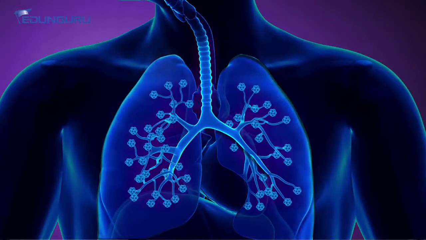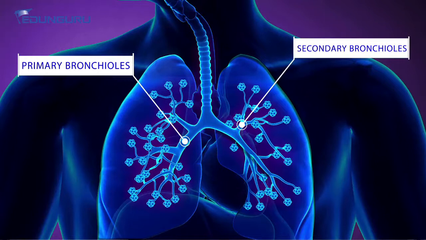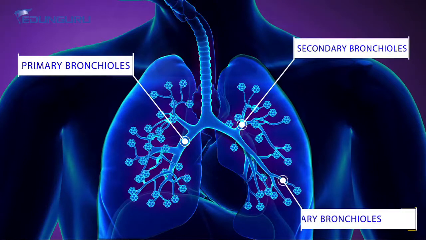Bronchi further divide into bronchioles, many branches. The ones which emerge from the bronchi are called primary bronchioles. Primary bronchioles further divide to give rise to secondary bronchioles. Secondary bronchioles further divide to form tertiary bronchioles. What do the tertiary bronchioles have? They have a grape-like structure.